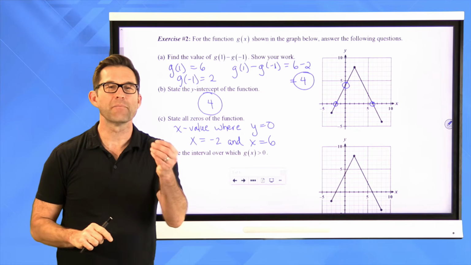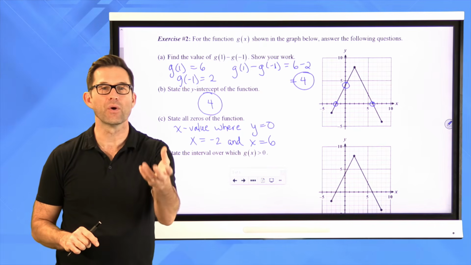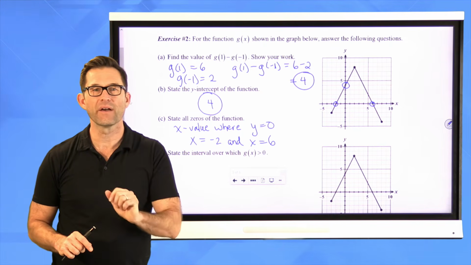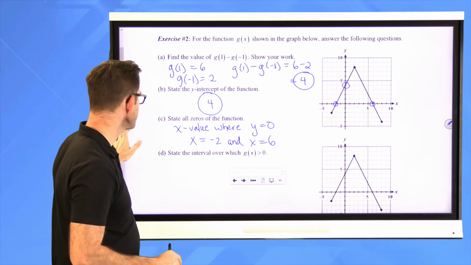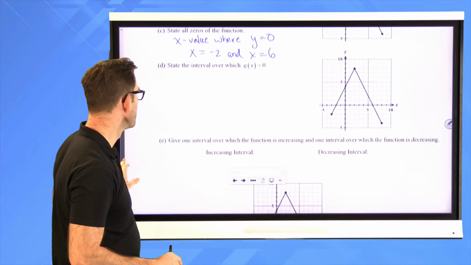But again, it's that piece of terminology, the zeros of a function, the x values where the y value is 0.